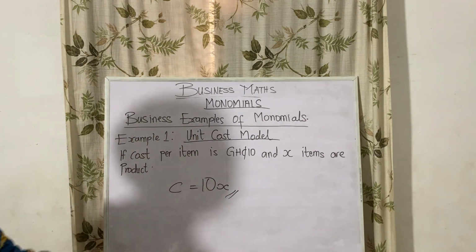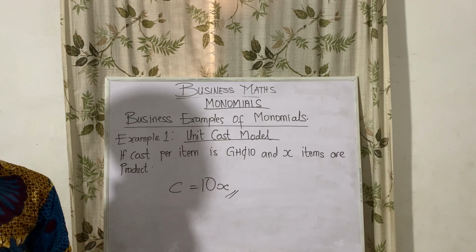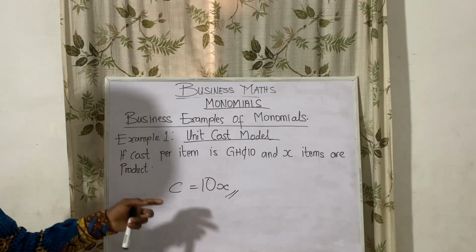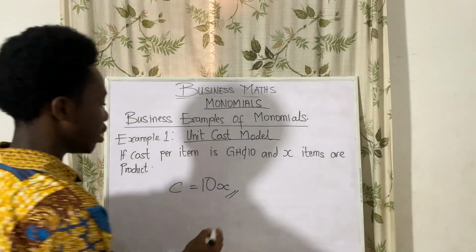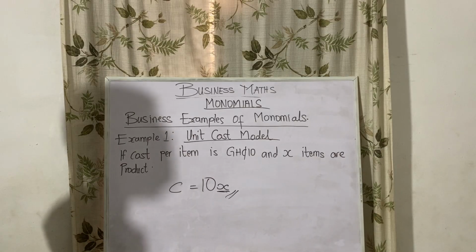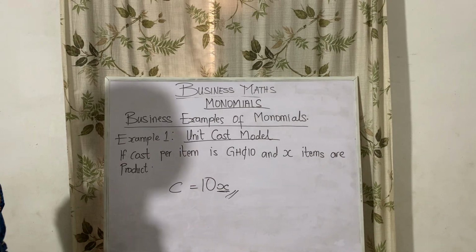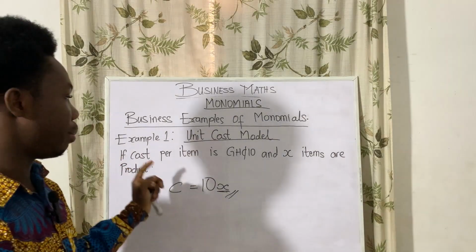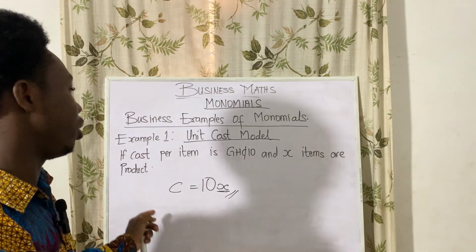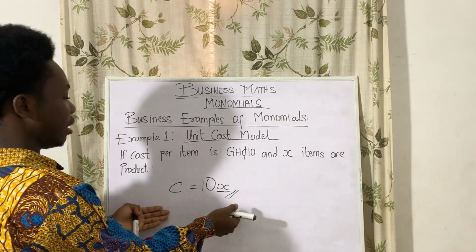Now, is this a monomial or not? Yes, this is a monomial. Why? Because it has only one term, that is 10x. The question was, if cost per item is 10 Ghana cedis and X items are produced, you have to express this.